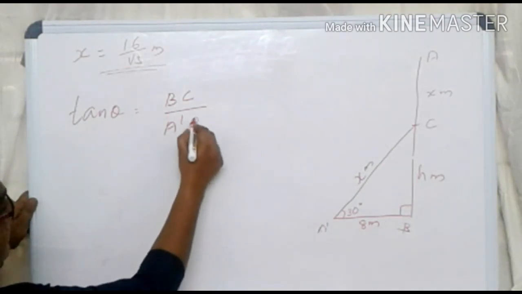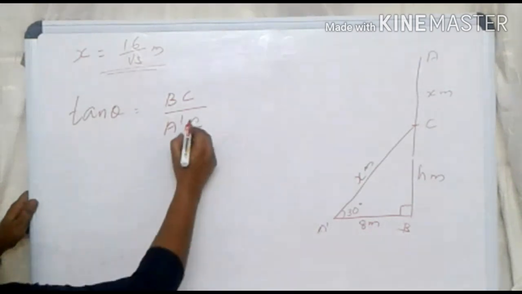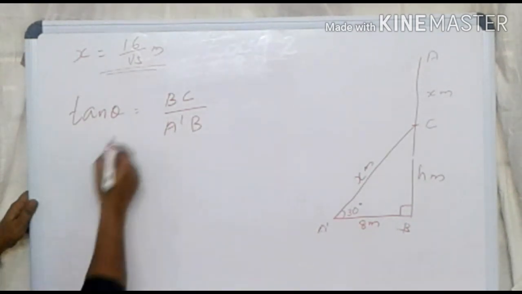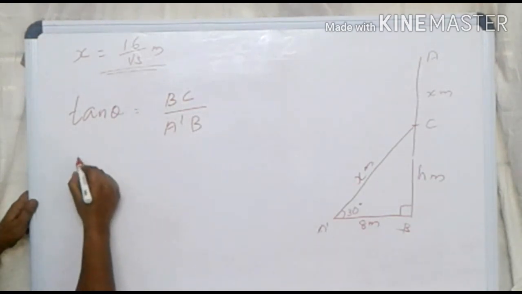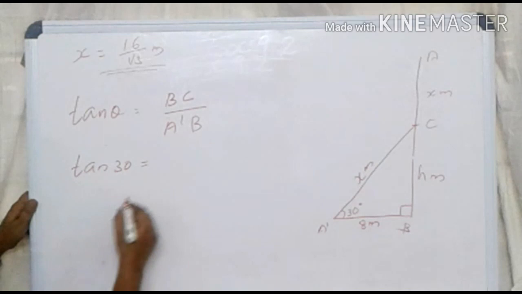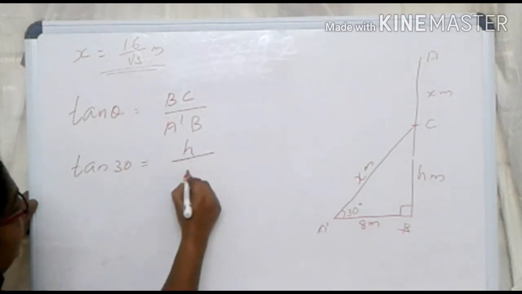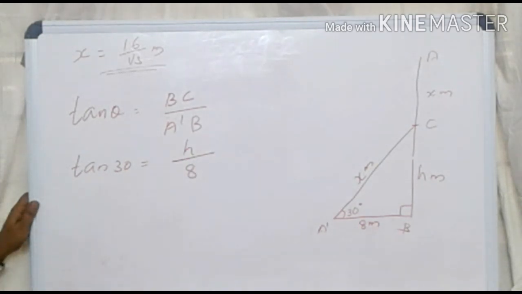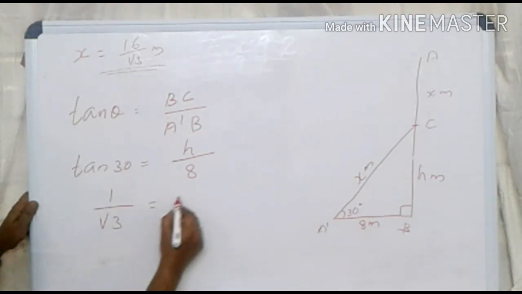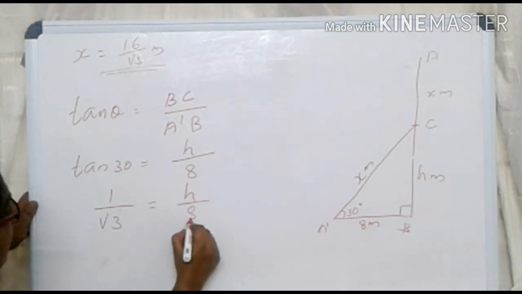The opposite side is BC and the adjacent side is A dash B. Theta equals 30 degrees. Therefore, tan 30 equals H by 8. Tan 30 is equal to 1 by root 3. So 1 by root 3 equals H by 8.